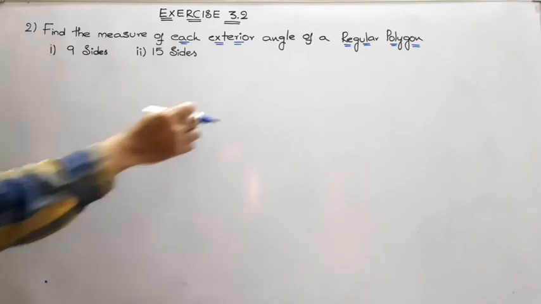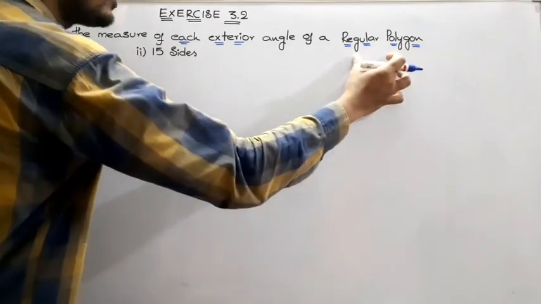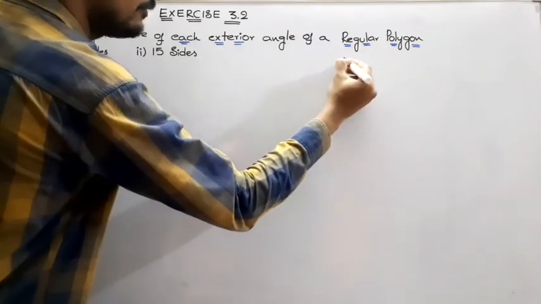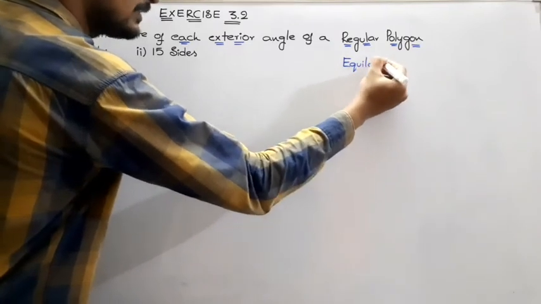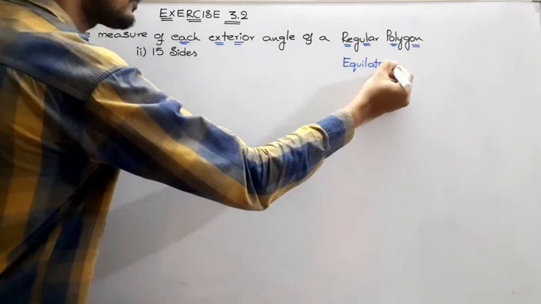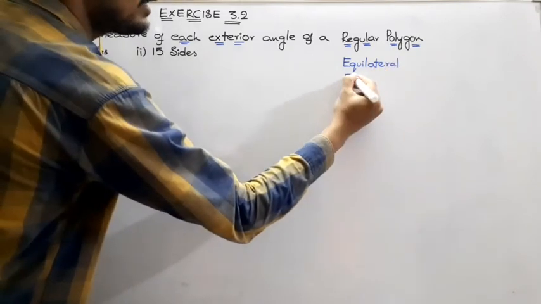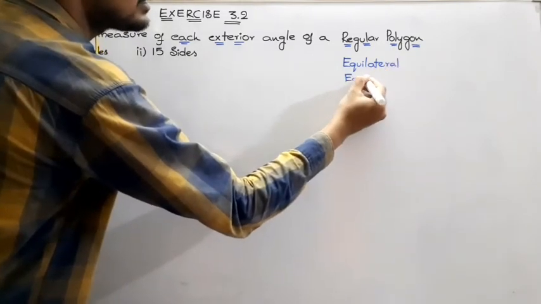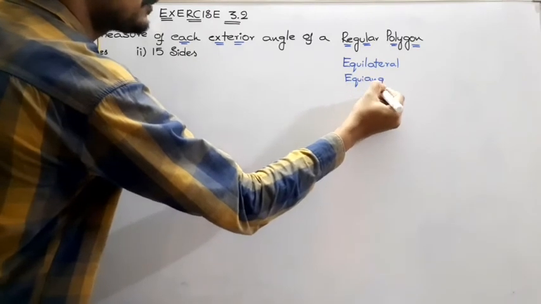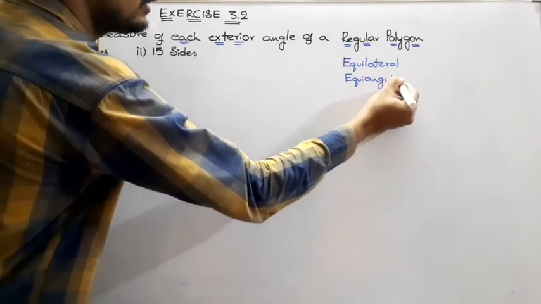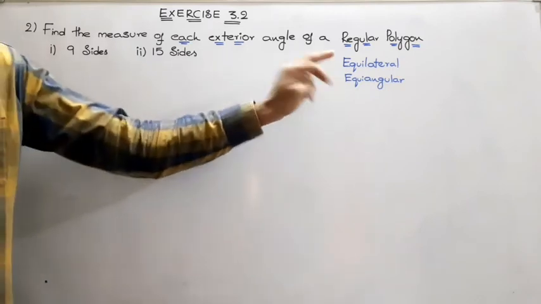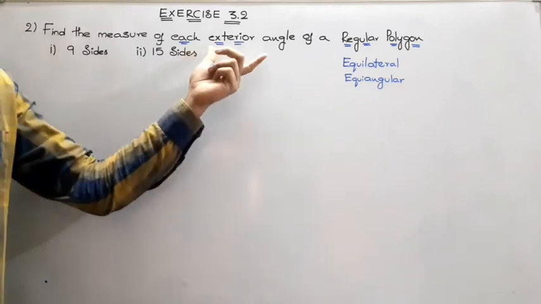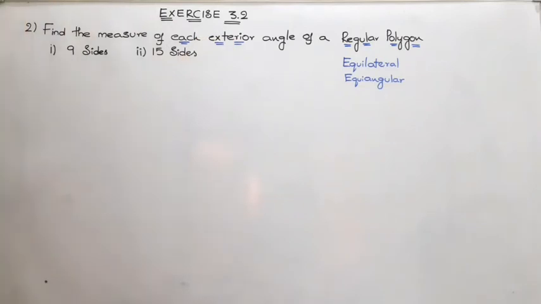We all know that any polygon which is equilateral, that means all the lengths of the sides are equal, and equiangular, if all the angles are equal, we call such polygons regular polygons, isn't it? In such polygons we have to find each of the exterior angles.